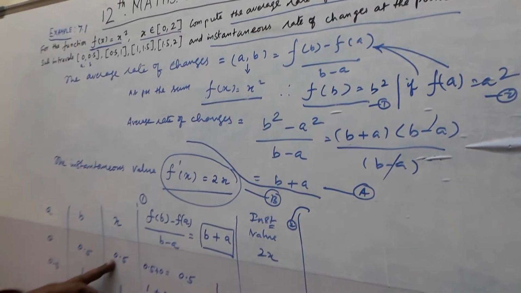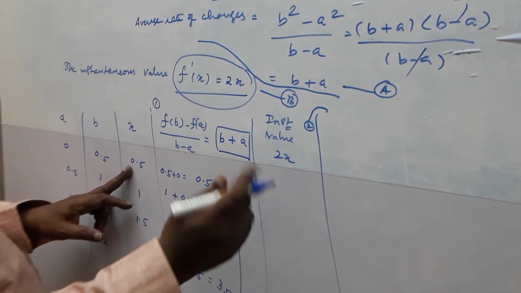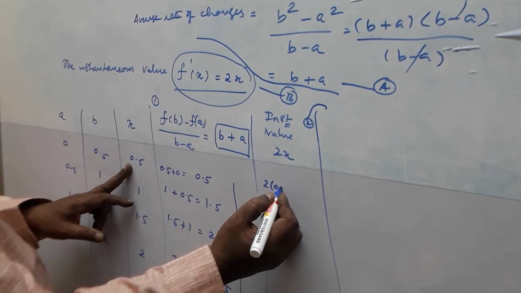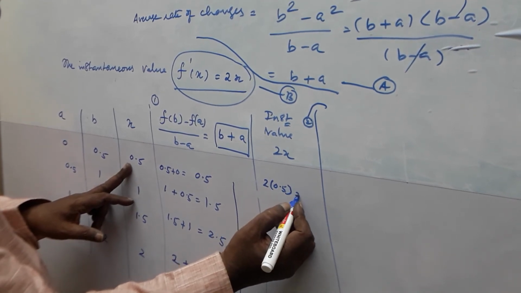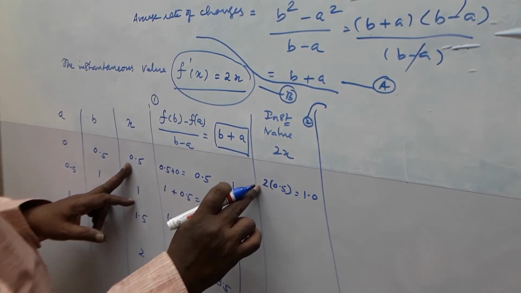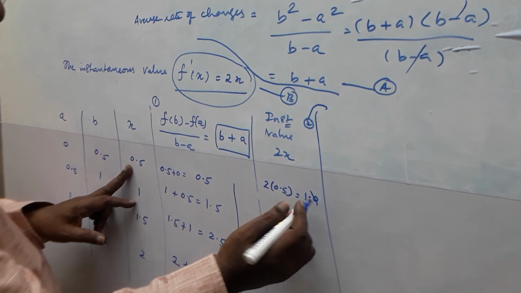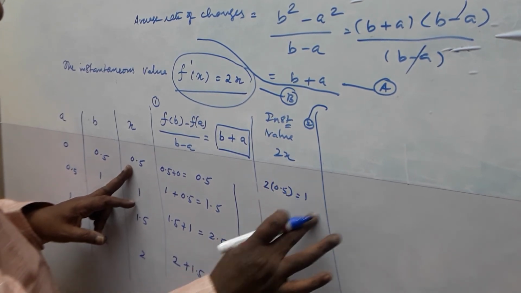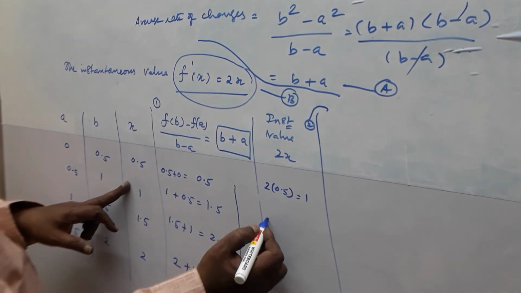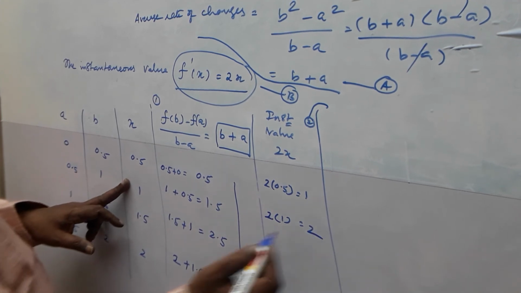Now we want to find the instantaneous change for the given 4 points. First point 0.5. You have to substitute the x in the standard equation. We get 2 into 0.5, that's equal to 1. The second point, 2 into 1, that's equal to 2.